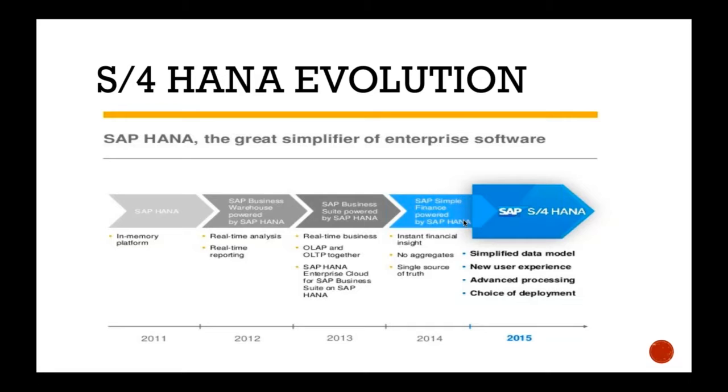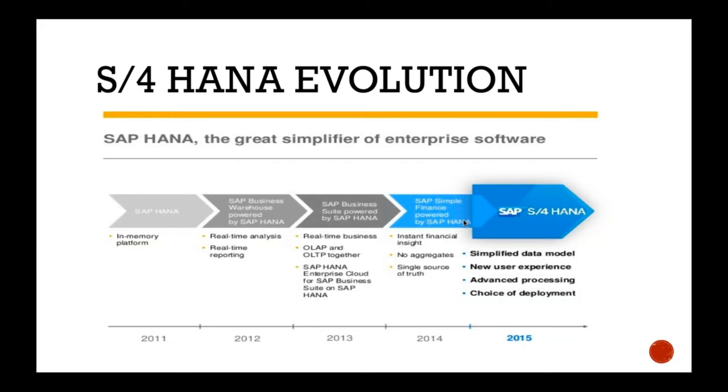In 2014, SAP had only simplified finance. In 2015, MM, SD, PP was also simplified. In 2016, WM was also simplified. In 2017, BPC was also simplified. In 2018, maybe APO and others were simplified.